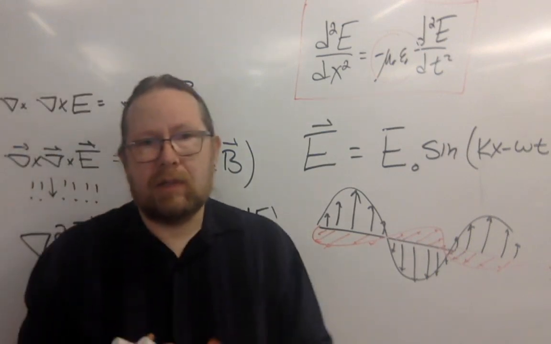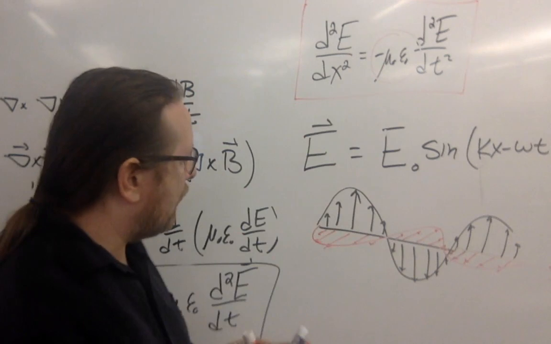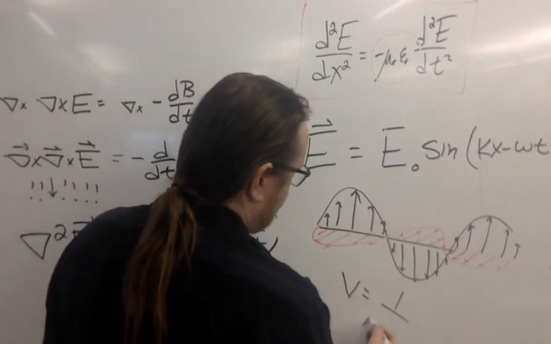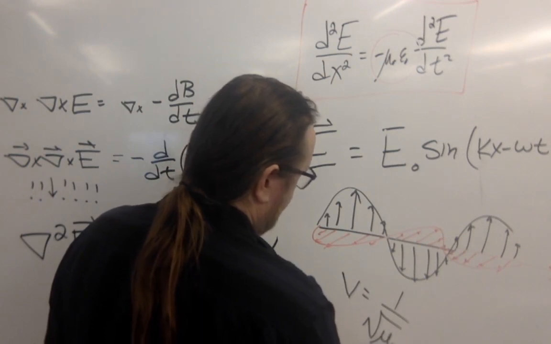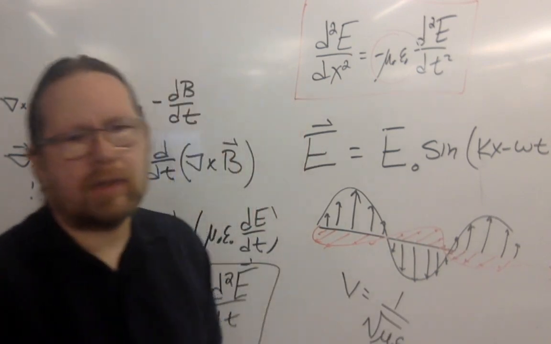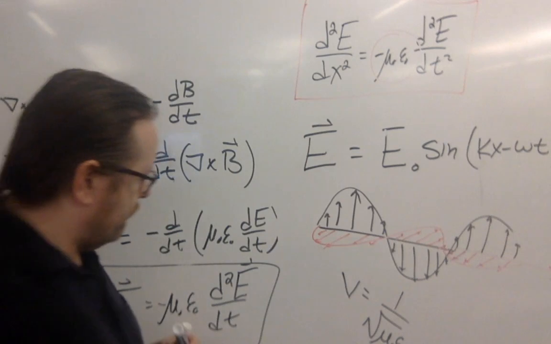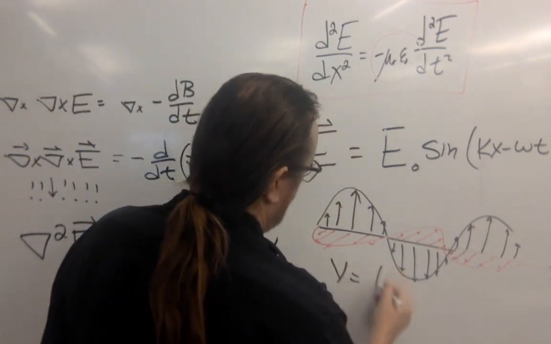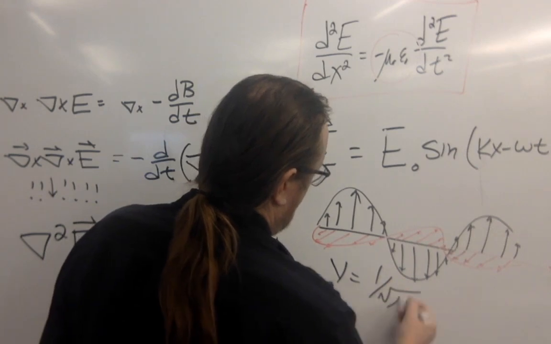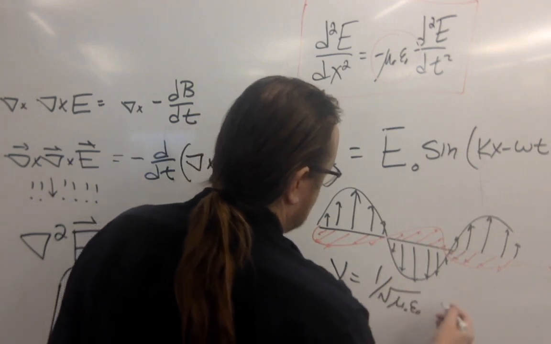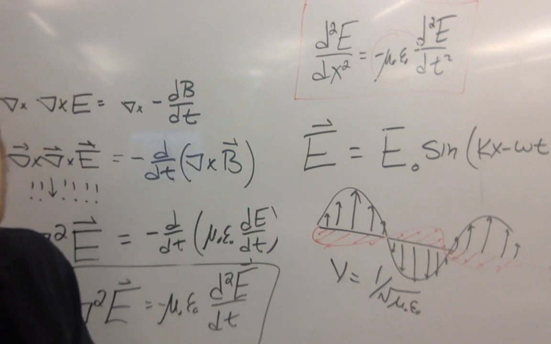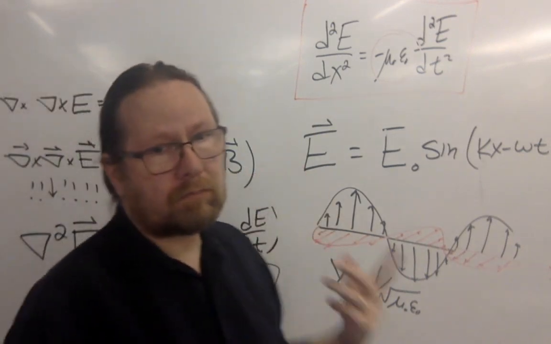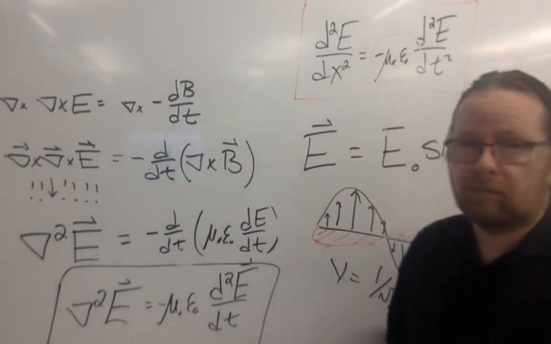The next thing Maxwell did is he computed the velocity of this wave. The velocity of this wave is equal to 1 over the square root of mu 0 epsilon 0. That just falls right out of the wave equation. The values of those fundamental constants were known from Ampere's law, and from Gauss's law, from Coulomb's law.